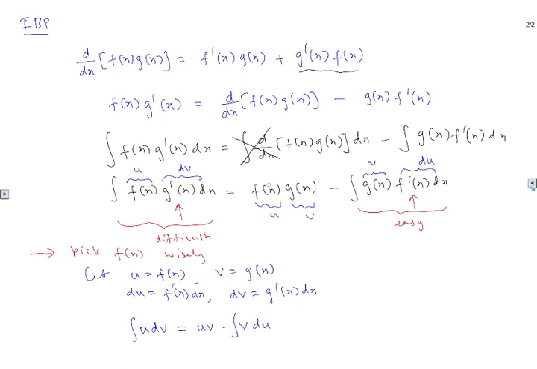So this is what we call the integration by parts formula. I'll call it star. Sometimes we call it IBP. So u dv equals uv minus the integral of v du. You can see that it's simply coming from the product rule.